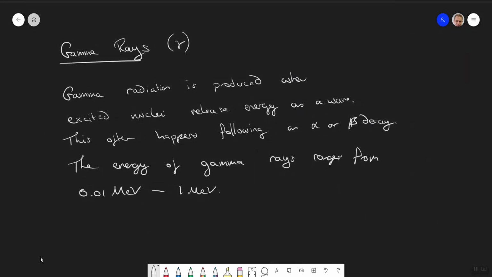However, as you've seen when we dealt with X-rays, you can overlap things, but the gamma ray is defined by where it has come from. It's come from a nucleus, whereas an X-ray comes from smashing electrons into things. So about 0.1 MeV is a general sort of figure.